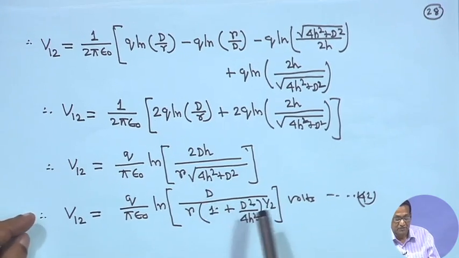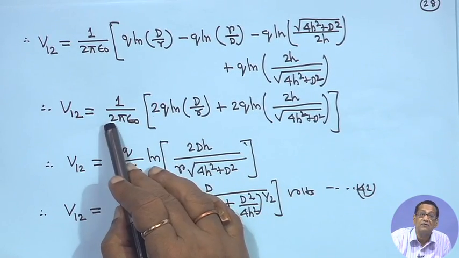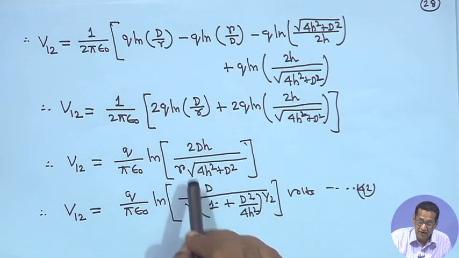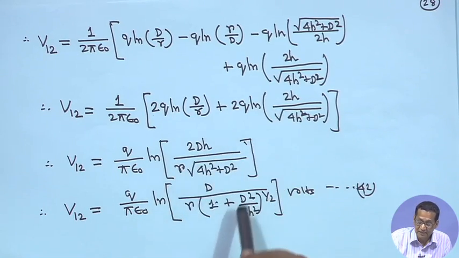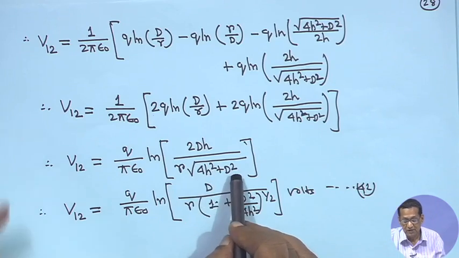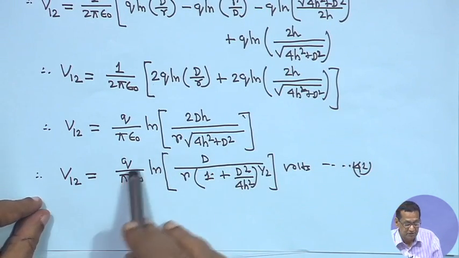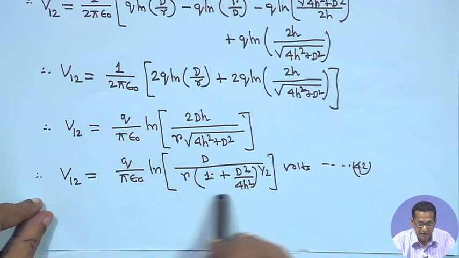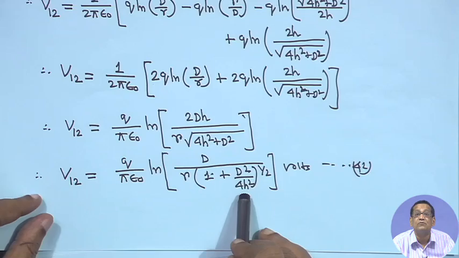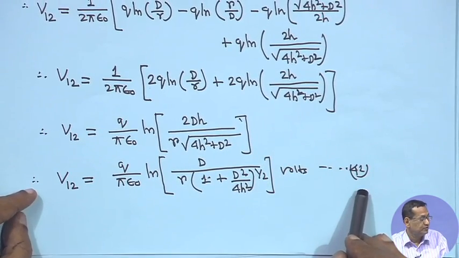If you take the common factors, these two will cancel, and since it is ln and ln, it will basically be 2dh divided by r root over 4h square plus d square. Therefore, V12 is equal to q by pi epsilon 0 ln d divided by r into bracket 1 plus d square upon 4h square to the power half volt. This is equation 42.